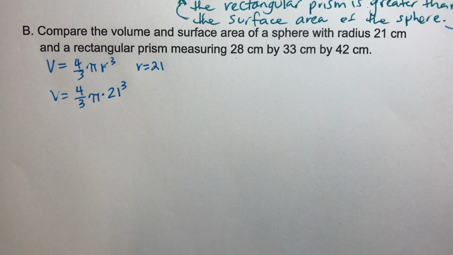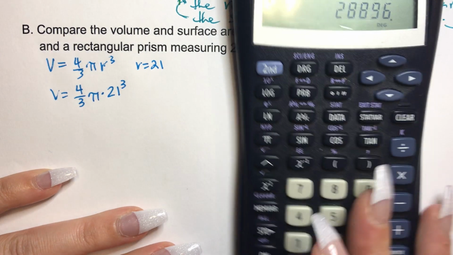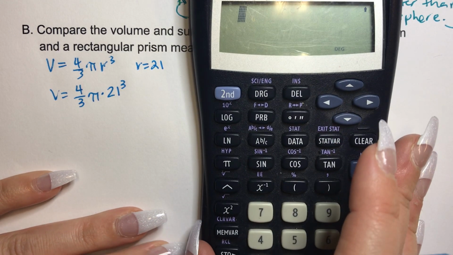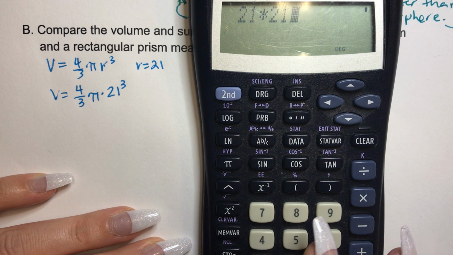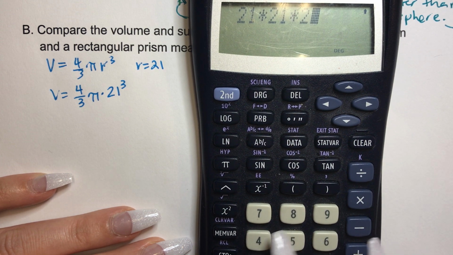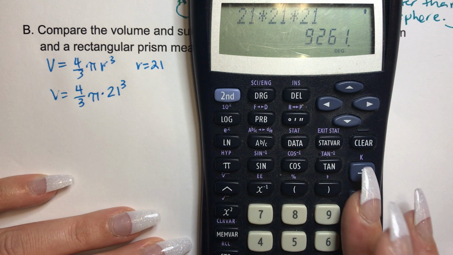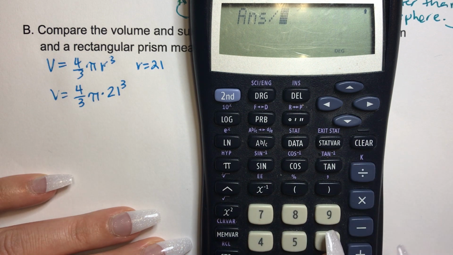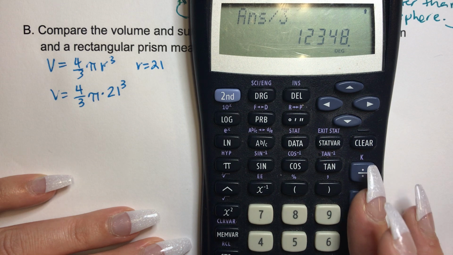Okay, and then I'm just going to use my calculator to figure it out. Clear this out. Okay, so I'm going to go 21 cubed first, 21 times 21 times 21. And then I'm going to multiply that by 4, divide it by 3, and then multiply it by pi, which would be 3.14.